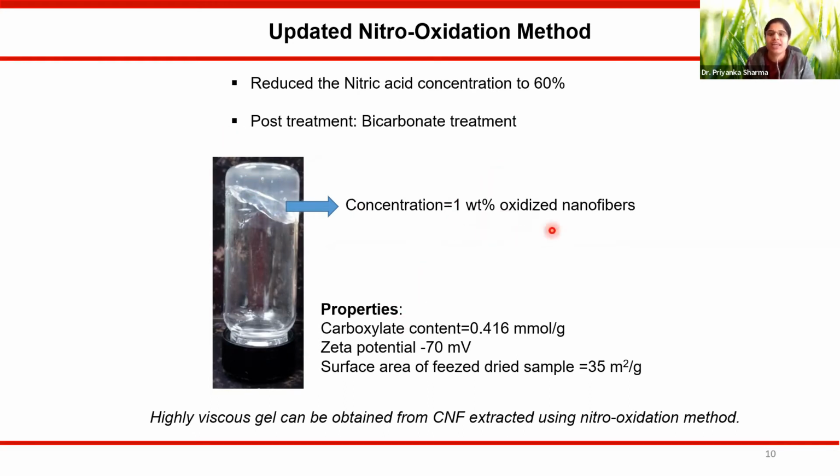You can see here the NOCNF at 1 weight percent, with an average carboxylate group content of 0.416 millimole per gram, giving high gelation properties. I would say this was one of the exciting moments I had during this journey, and I was very excited to use this material further for water purification.